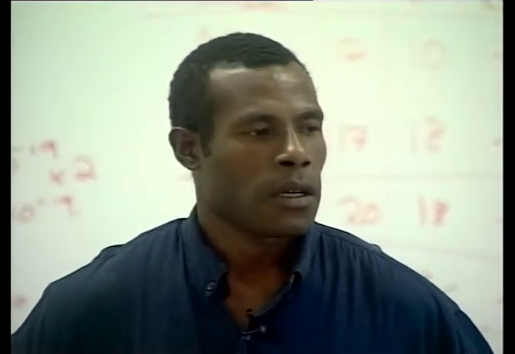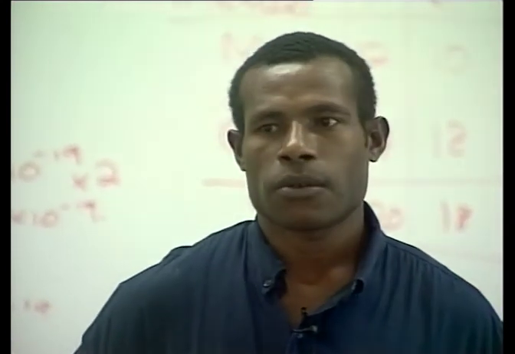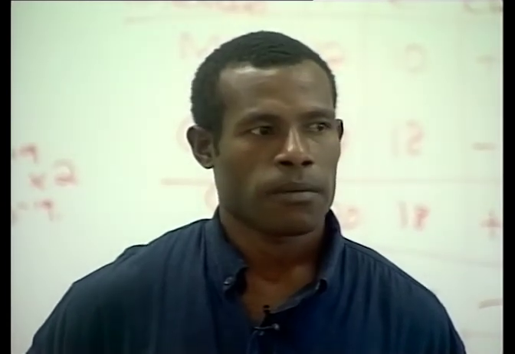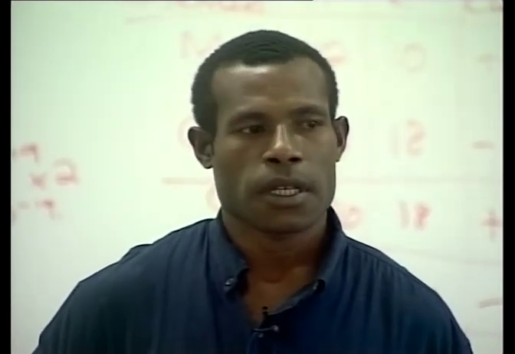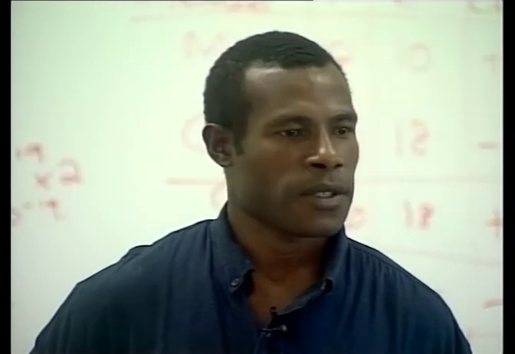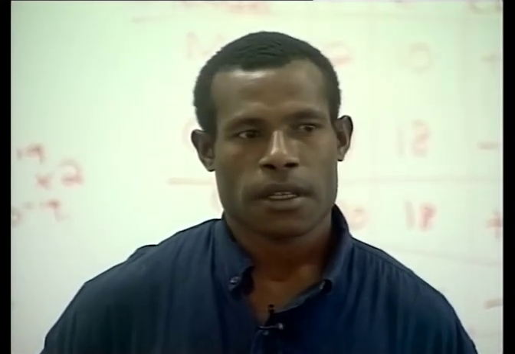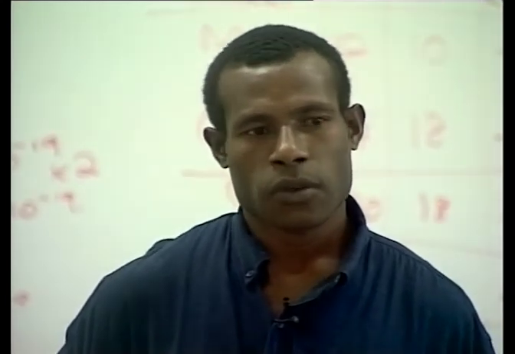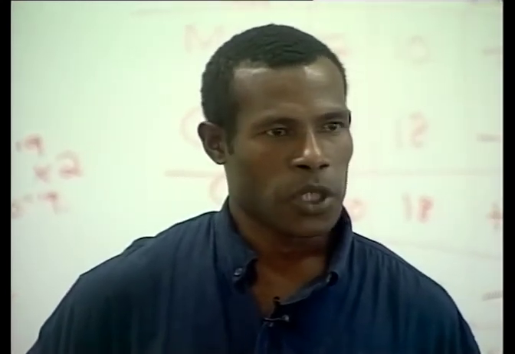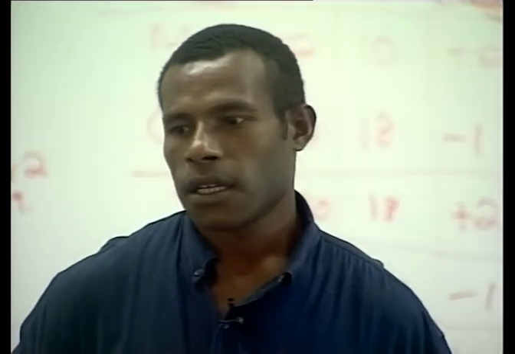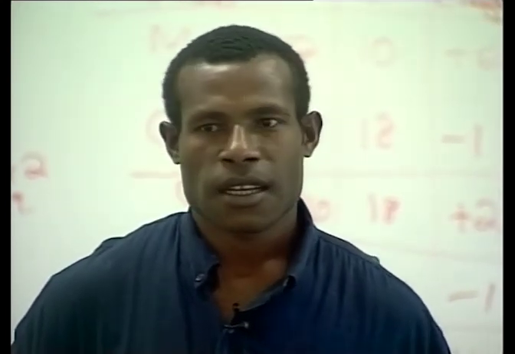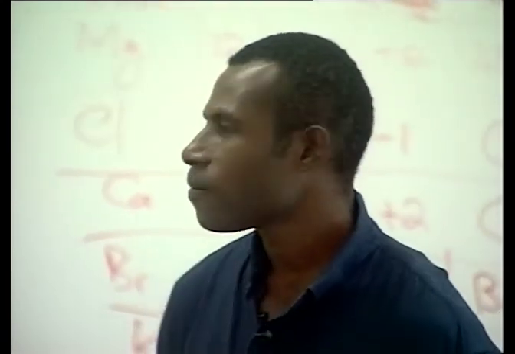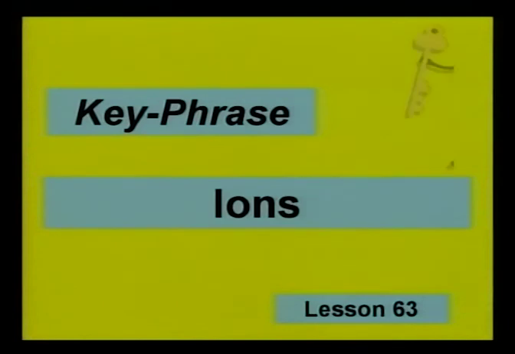In our next lesson, we will study radioactivity, especially the types of decay. There are 3 types: alpha decay, beta decay, and gamma decay. You can go through all of these in your own time, study that, and I hope to see you in our next lesson. Our keyword for today would be ions.